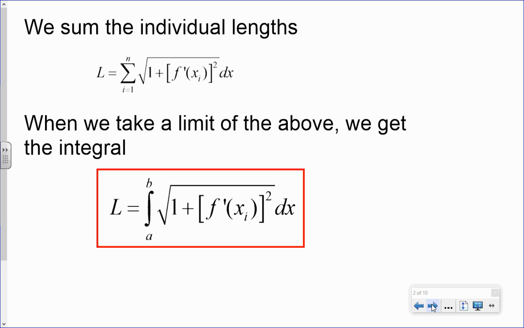You don't necessarily need that i, just f prime of x will be fine. This is how you find arc length.